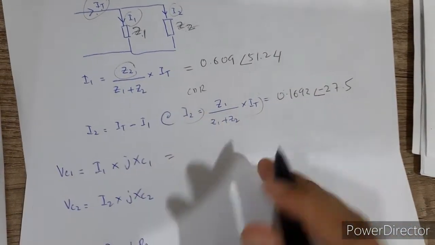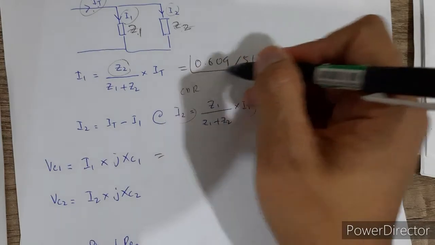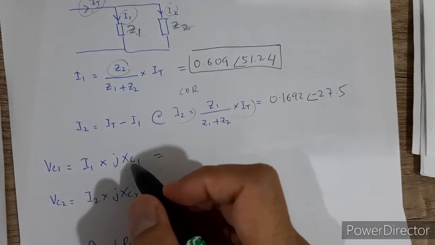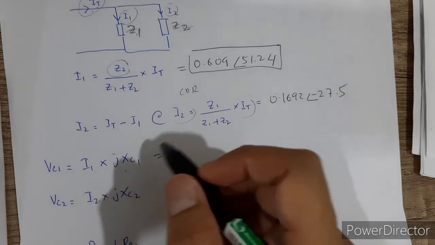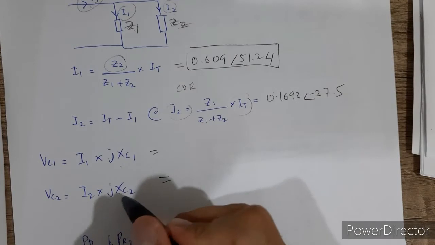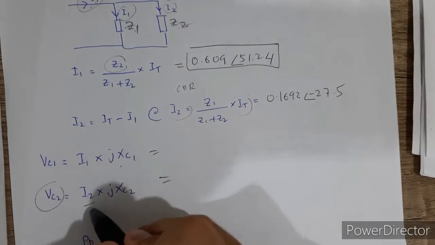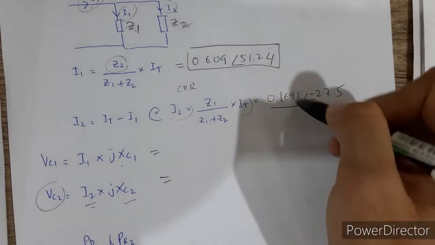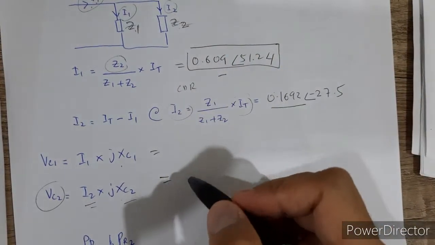So you multiply I1 by jXC1. You can refer back to what jXC1 is. Same goes for VC2, which is I2 multiplied by jXC2. Then you will get the answer.